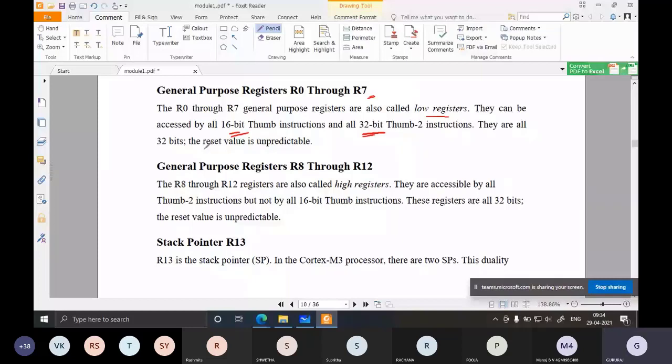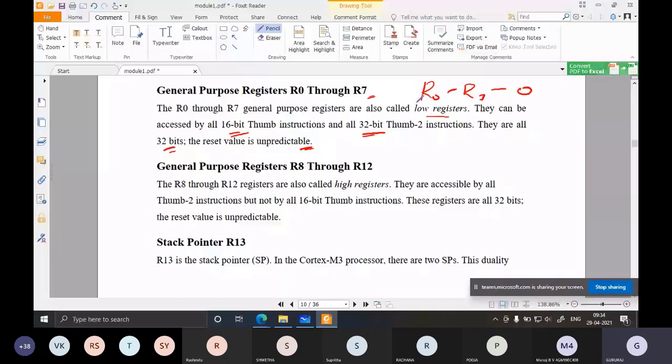What do you mean by this? Whenever the processor has just exited the reset, or whenever you reset the processor, whatever values are there in these registers R0 to R7, you cannot predict them. You cannot say that the values of these registers will be 0. No, the values of these registers can be anything, any junk value.